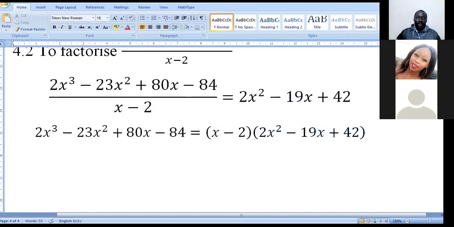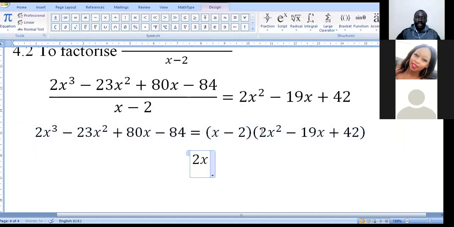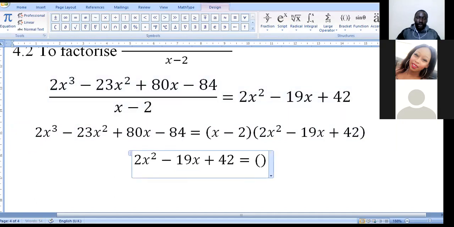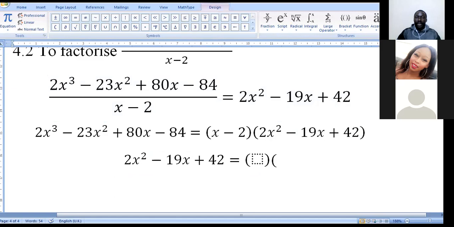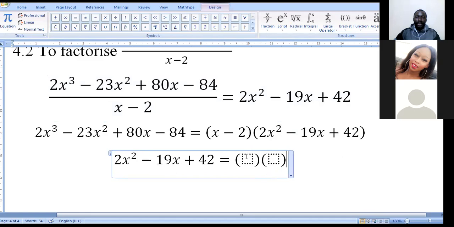So doing that, we'll now be having 2x squared minus 19x plus 42 equals to, well, you know, we could use this method. So would you like to try this out? And you tell me what you have got for these two. I'm just going to give you the answer right away.